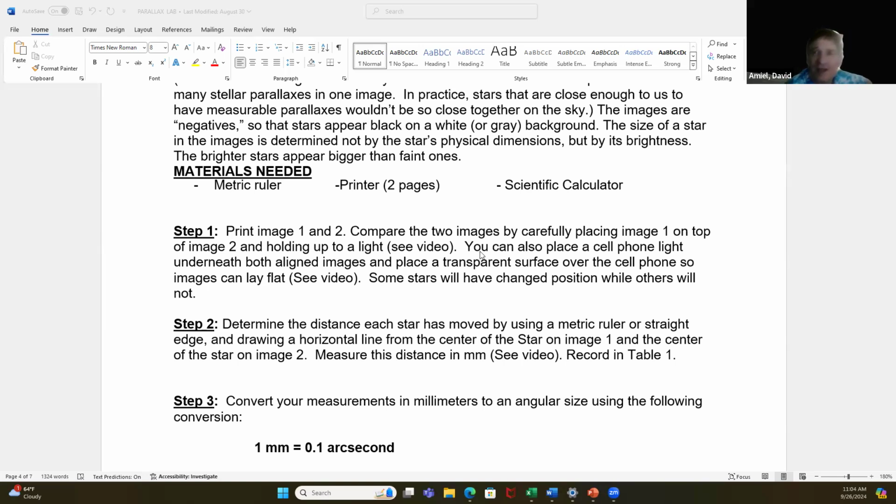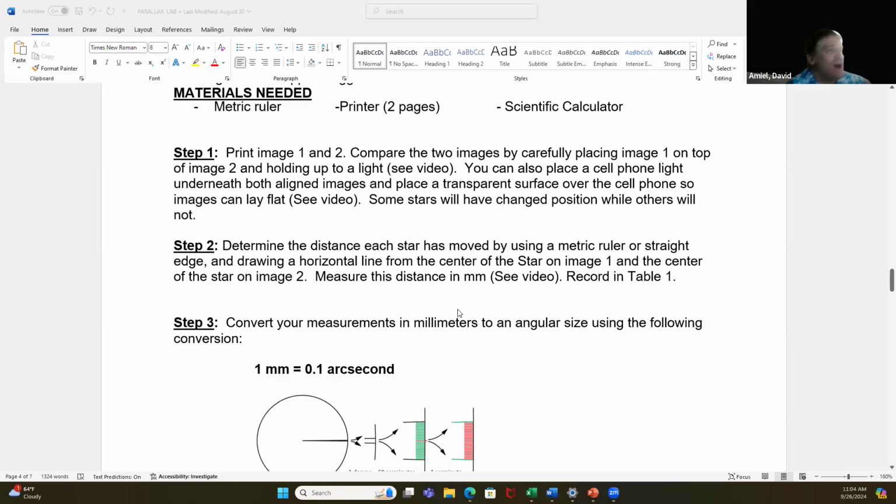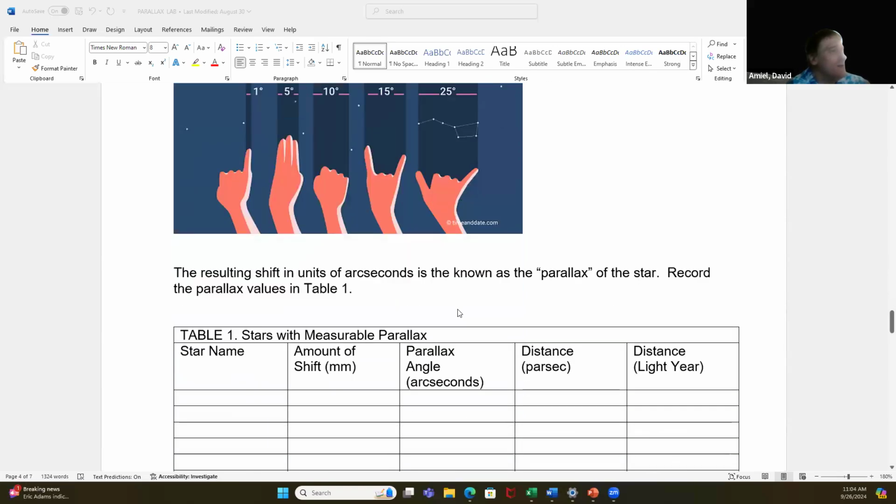So what you need to do is take a ruler and draw a horizontal line to the center of the same star from image one to image two, and measure this distance. Record that value in table 1.